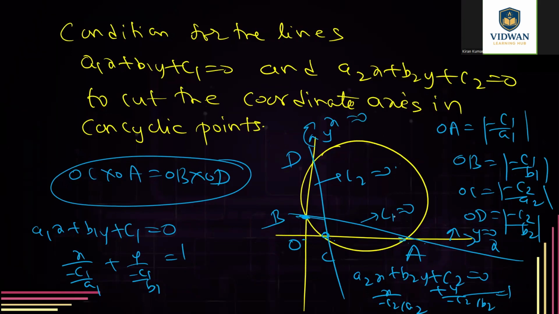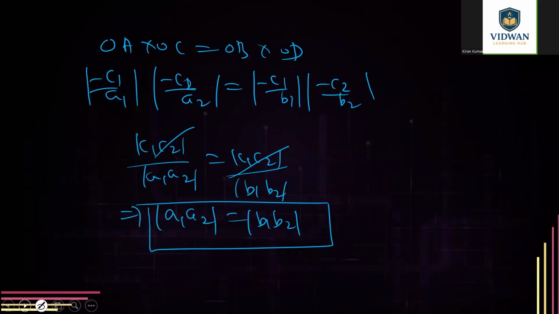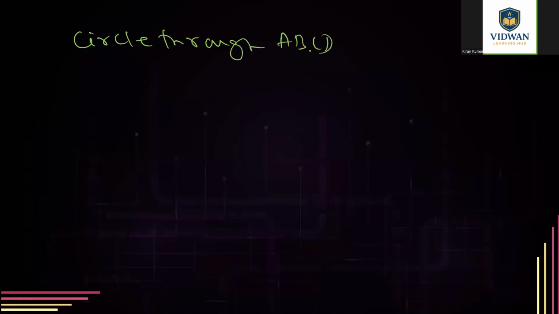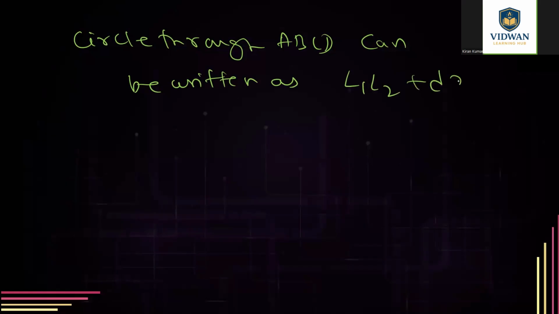What are they? L1, L2 and coordinate axis. So if you want the circle through ABCD, it can be written as L1, L2 plus lambda into XY equal to 0.